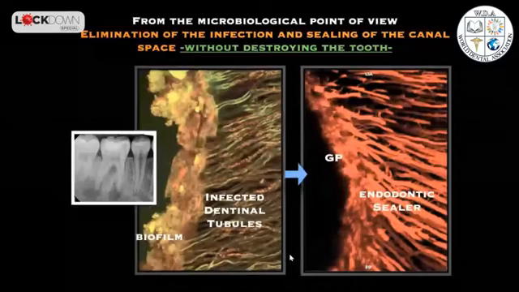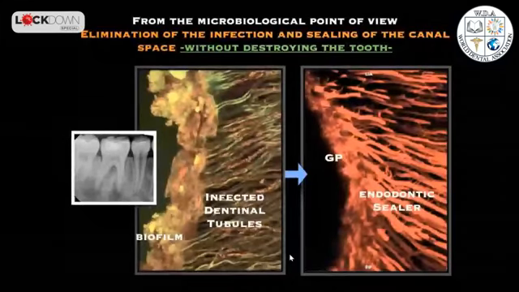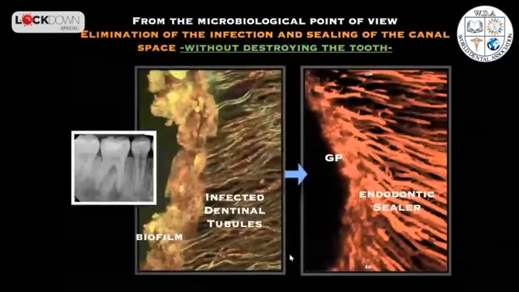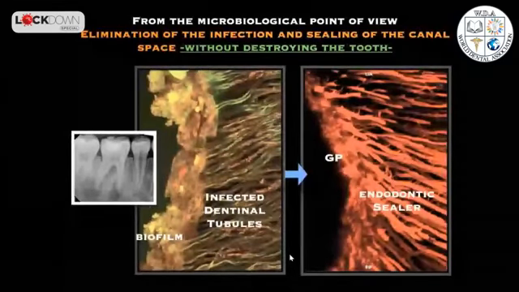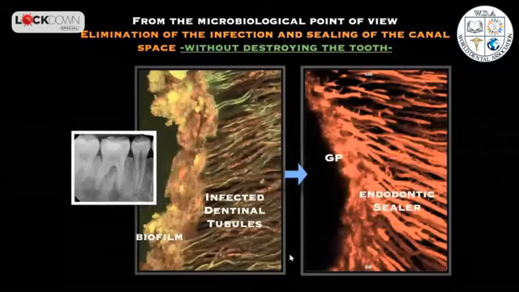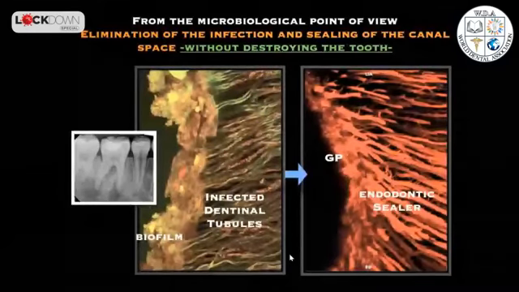This biofilm is basically a number of cells, several layers of cells that are compacted and irreversibly attached to the root canal walls. So our goal as endodontists is to use hand instruments, rotary instruments, or reciprocating instruments to try to scrape this biofilm that is attached to the root canal walls.